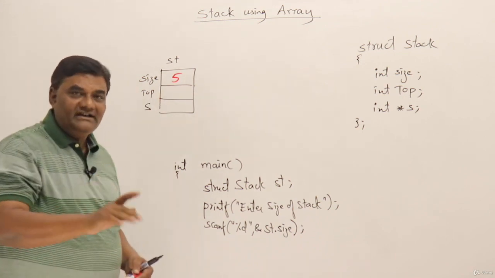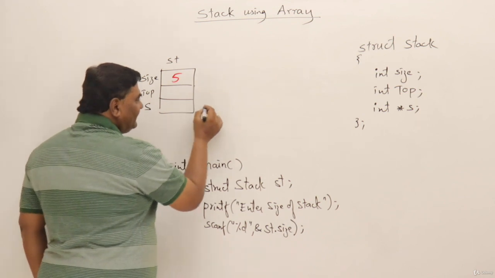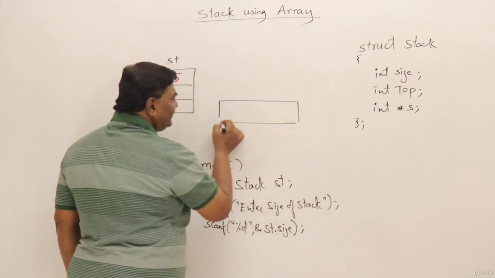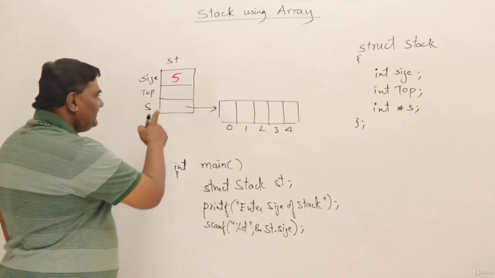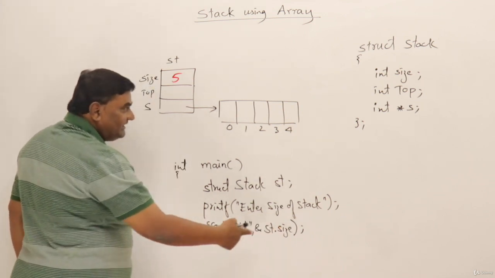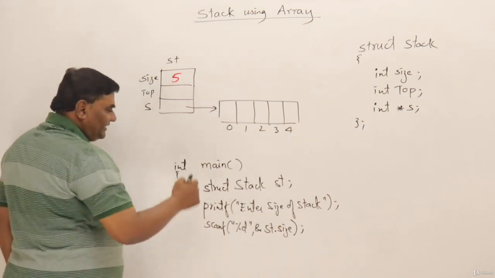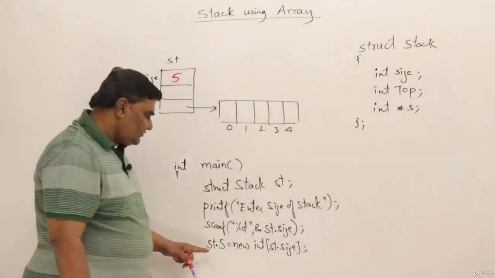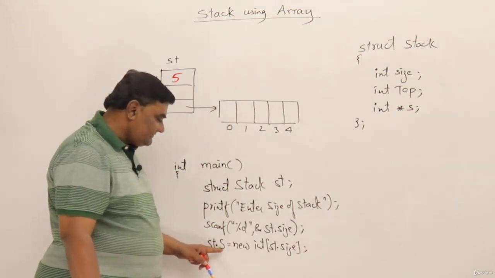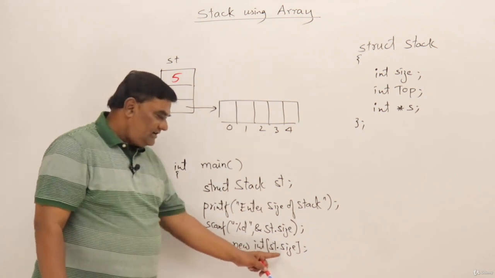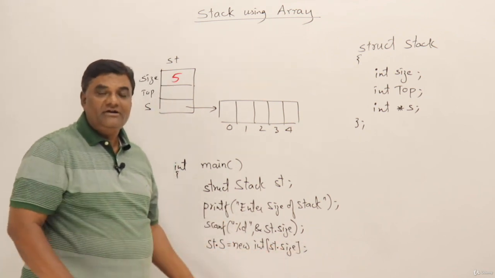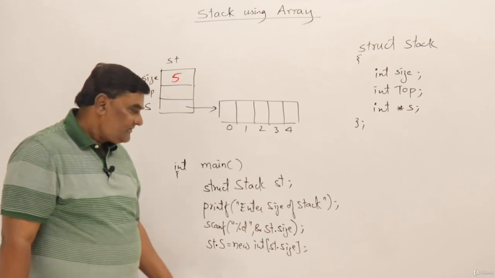Now when we know the size, I should create an array of size 5 for storing the elements. Already I have a pointer. So let us create an array here and assign it to this pointer. So here is the code, st.s. To explain this, first let us read the right side. New int array. So create a new array from heap, new means heap.